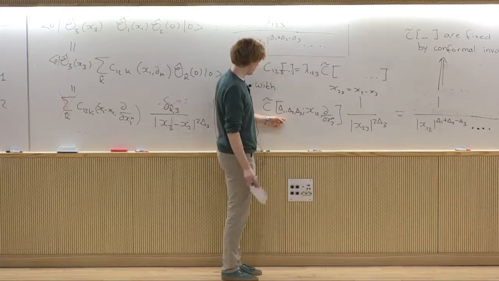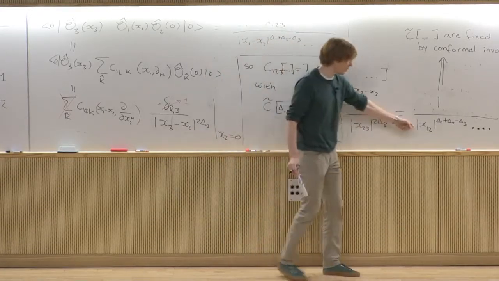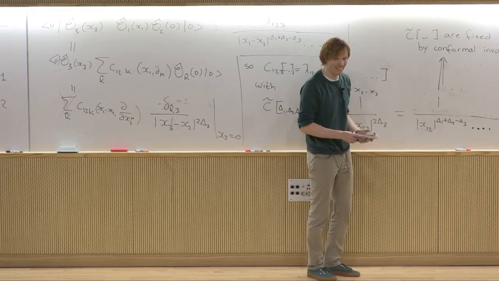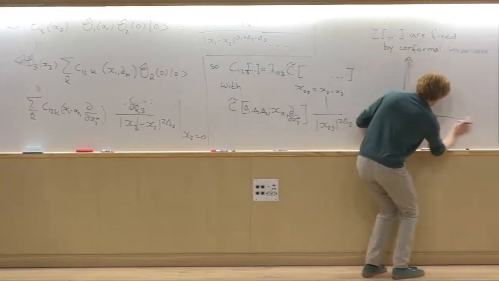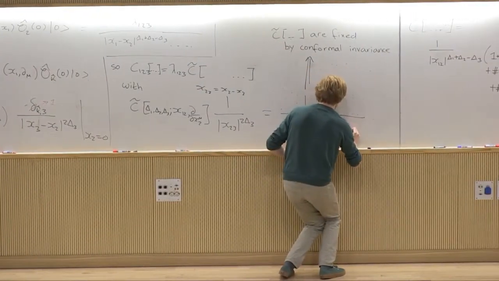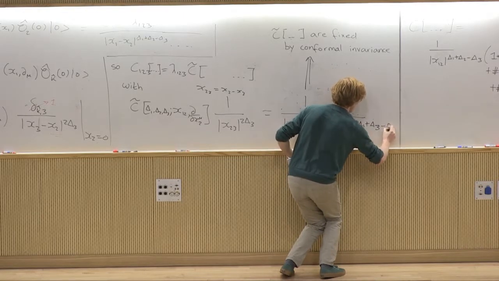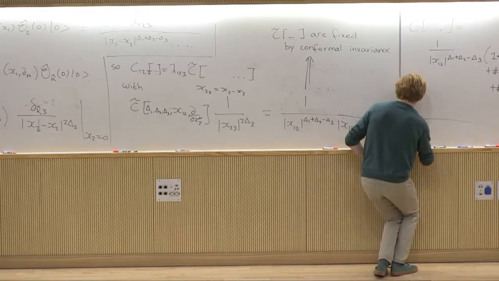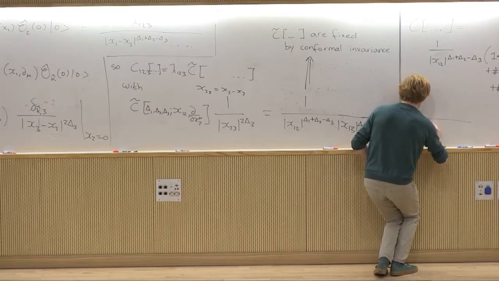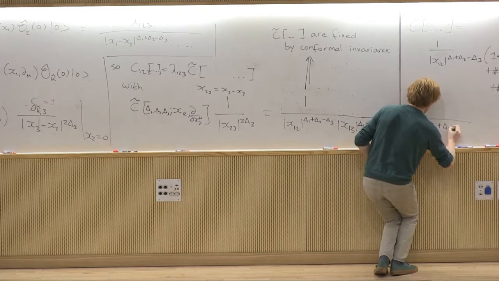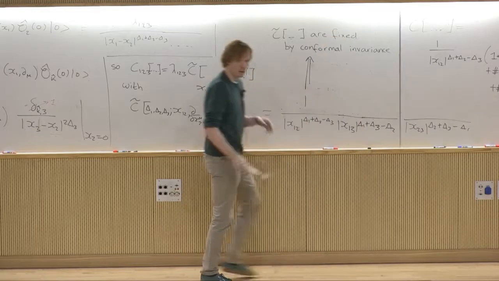So in this equation, C does not depend on x3, but this equation should hold for all x3. So maybe I should write the other terms: x13 with delta 1 plus delta 3 minus delta 2, and x23 with delta 2 plus delta 3 minus delta 1.